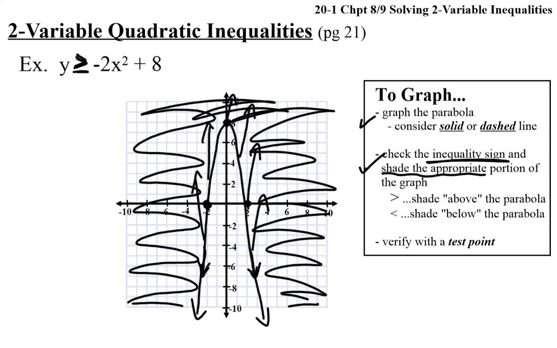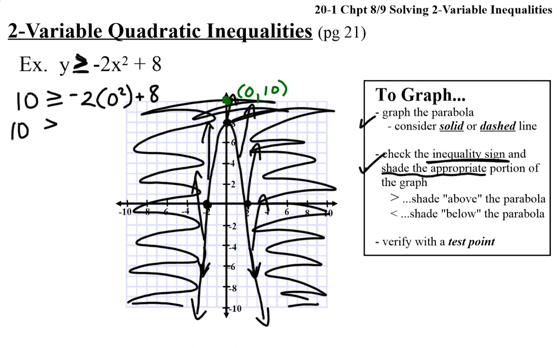Verify, pick a point. Well, just because it's a unique point, I'm going to pick the point (0, 10) because it's close to the parabola, but not on it. So let's check with that. We think y, 10, is greater than or equal to negative 2 times 0 squared plus 8.